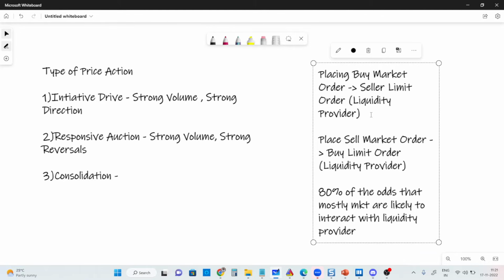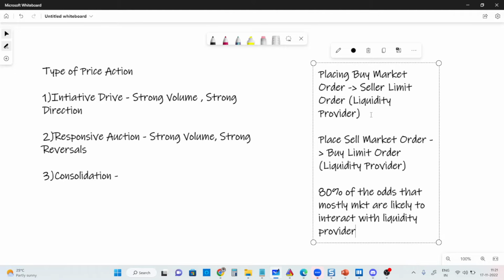Even if I am sending a limit order, I'm also one form of a liquidity provider, but that is not my business. For market makers, providing liquidity is itself a business. Probably off late you would have heard that the FTX exchange, one of the crypto exchanges, went bust, and they have a hedge fund called Alameda Capital.